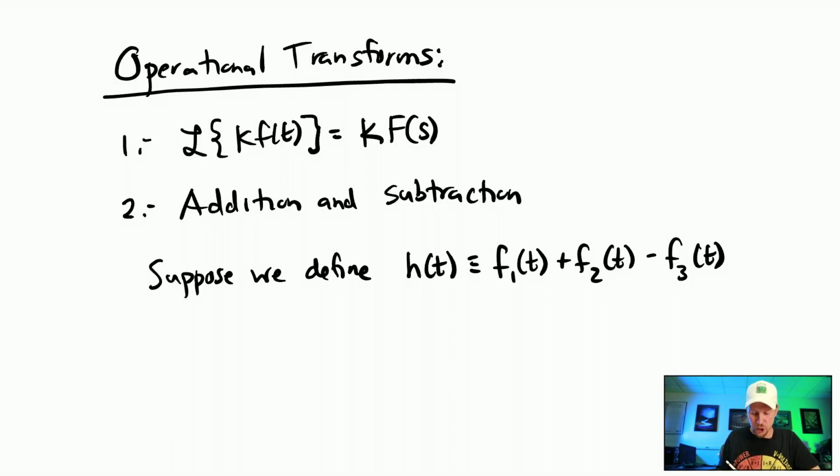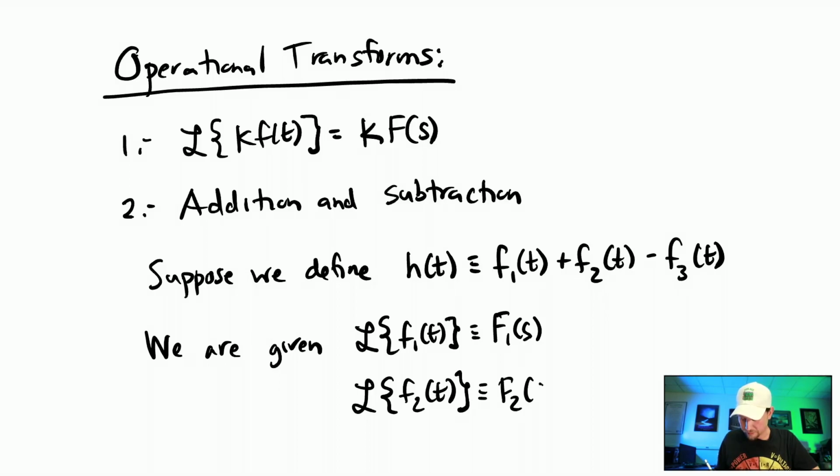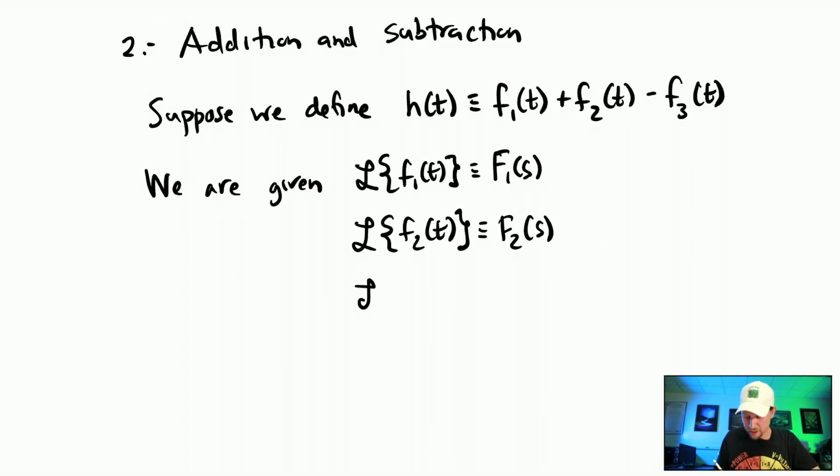Further suppose that we know, or we are given, that the Laplace transform of f of 1 is known to be capital F1 of S. The Laplace transform of f of 2 is known to be F2 of S, and the Laplace transform of f of 3 is also known to be F3 of S, like so.